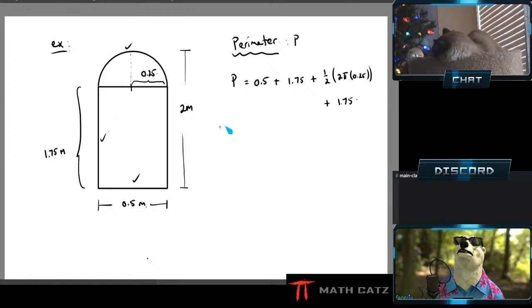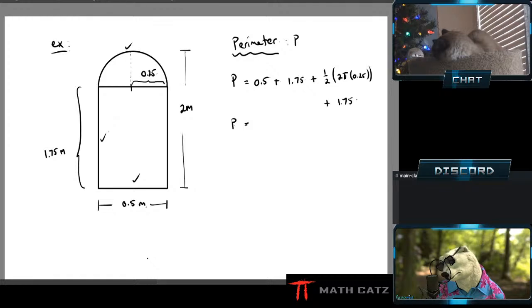But for perimeter, you still need to find all the sections one way or another. So let's do that. Let's get our calculator and see what we get. 0.5 plus 1.75 plus 1.75.